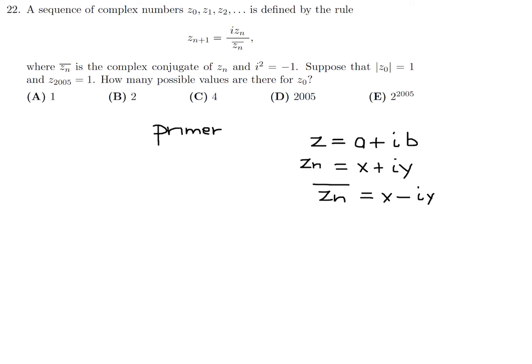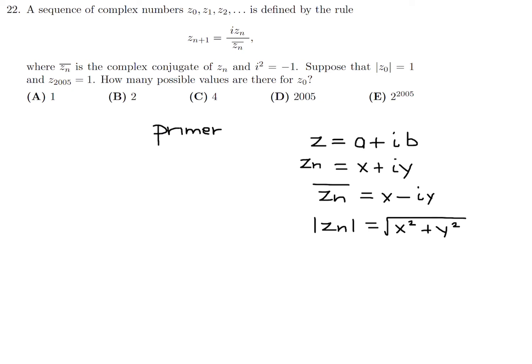All right? And then this symbol here that looks like an absolute value is actually, in complex numbers, the magnitude. So for example, if zn is x plus iy, if you were to take the magnitude, it's equal to the square root of x squared plus y squared. All right?